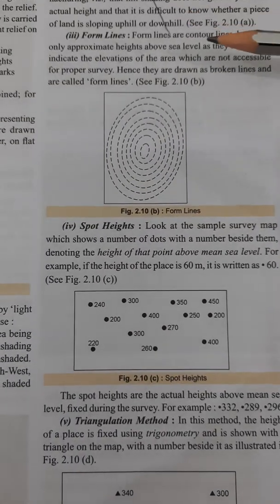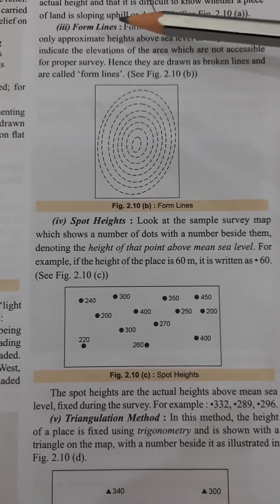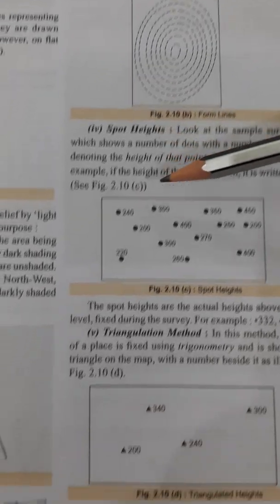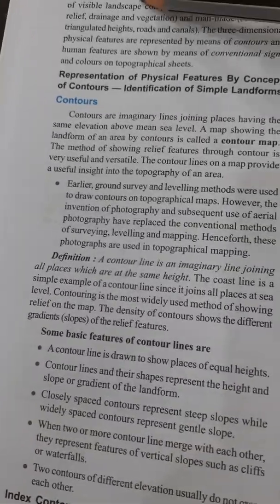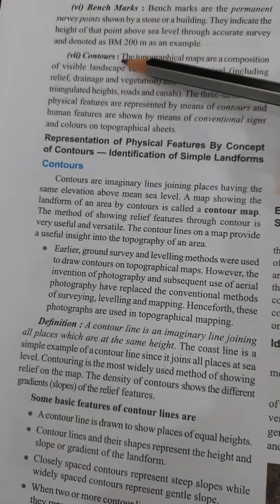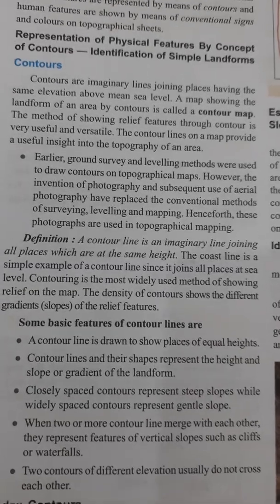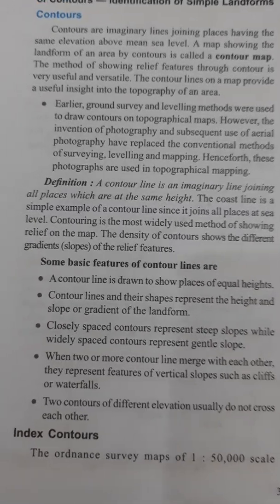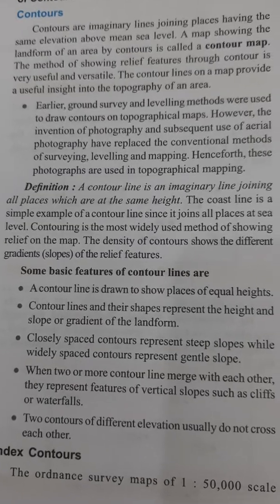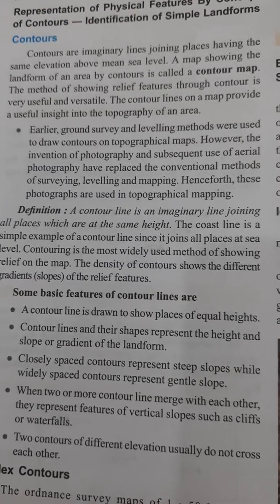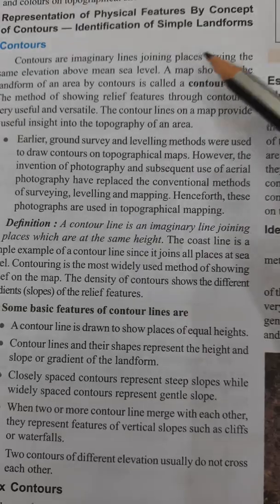What we will learn to read in the map are form lines, spot heights, triangulation method, benchmarks, and of course finally the most important, which is the contour lines. So we come straight away first to the contours. The other terms which I have just told you, I will do a little later, as they will come after I have explained to you the general method of the contours and how to understand them.